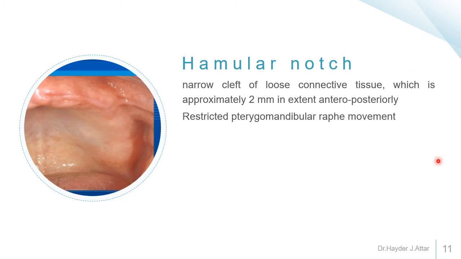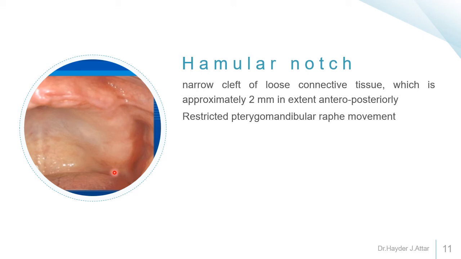The hamular notch represents the limiting border area for the complete denture, and it is the cleft located between the tuberosity and the hamulus of the palatine bone.